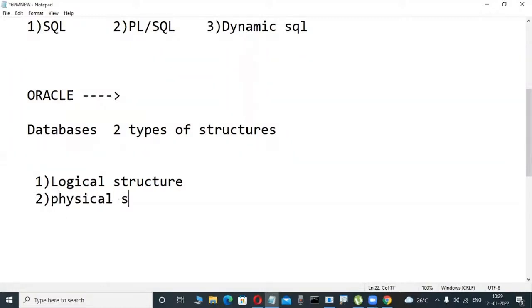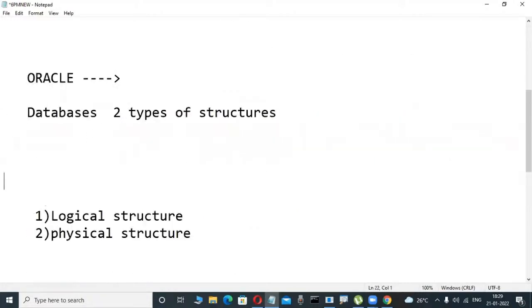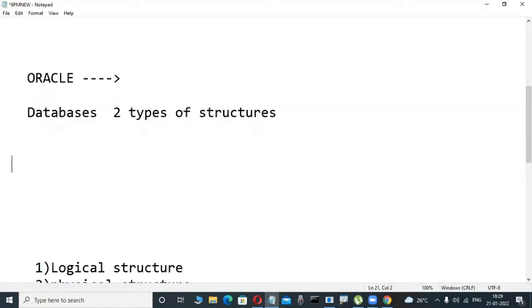Before we tell what the logical and physical structures are, consider the database definition in books. So many fellows write it like this. Today at least you will understand.